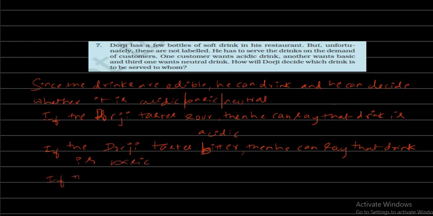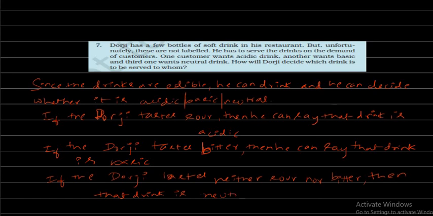And if the Dorji tastes neither sour nor bitter, then that drink is neutral. Like this, he can decide whether it is acidic, basic, or neutral.